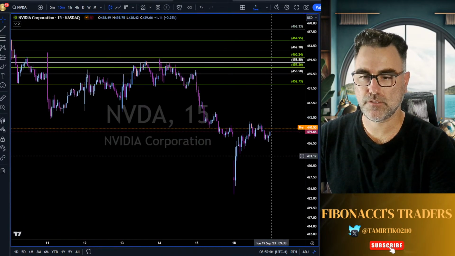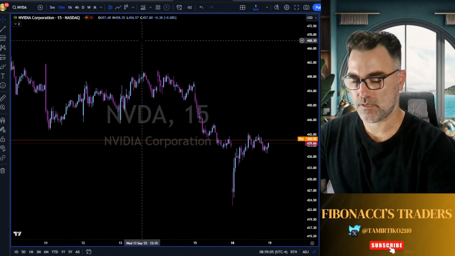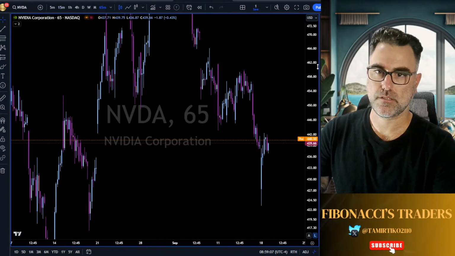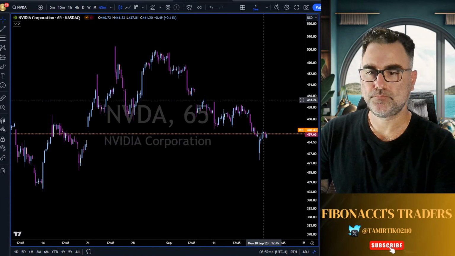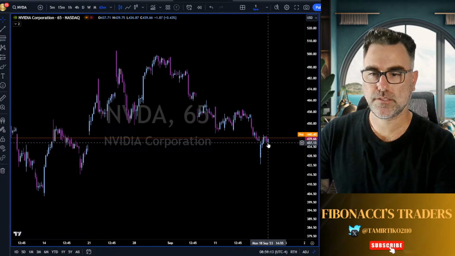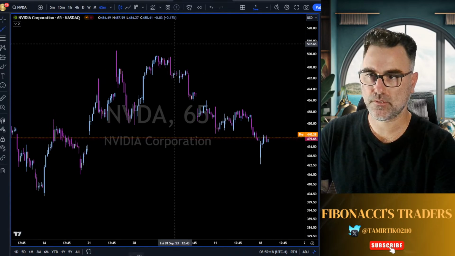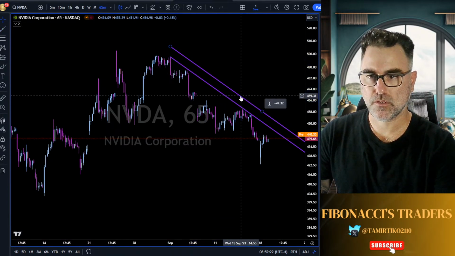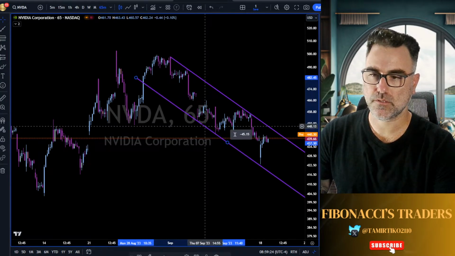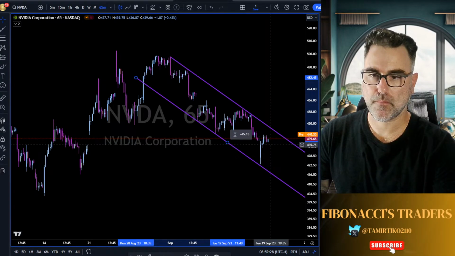Nvidia. First, you need to look at the 65 minutes because this is the mother time frame of the intradays. Nvidia yesterday moved sideways. We have a very nice trend line. The same trend line goes to the lower highs, the lower lows. Bounce, bounce, yesterday bounce.